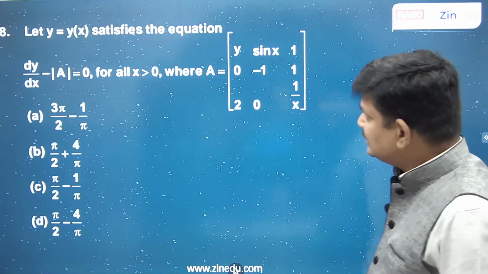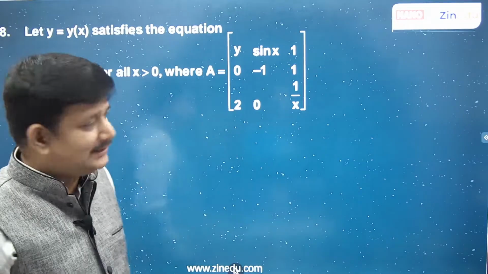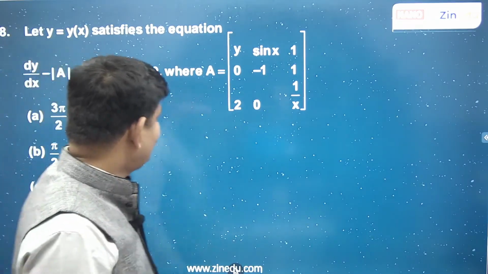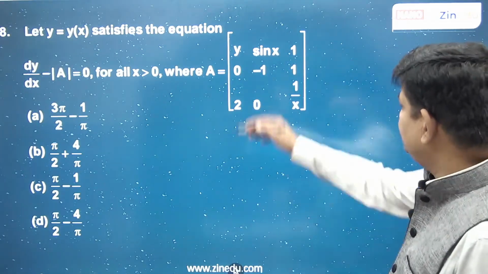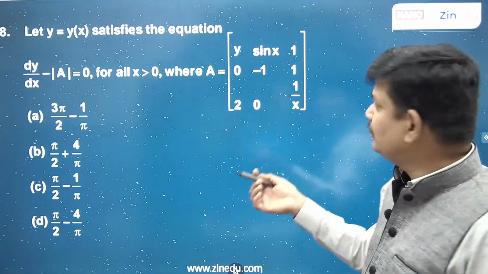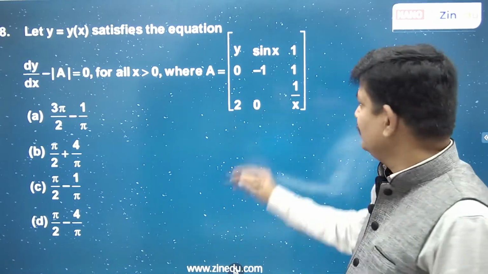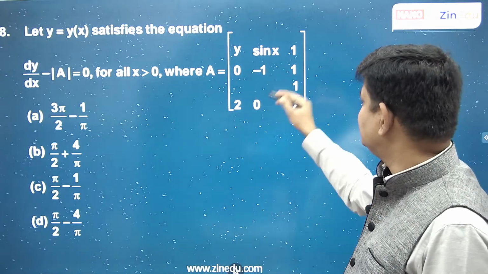F of x satisfies the equation dy by dx minus det A. Det A, in the morning session also there was a question on det A. How to find this? Simple. If you want to save some time, start with this row or this column. So what will be det A? Y into minus 1 by x, this is 0.